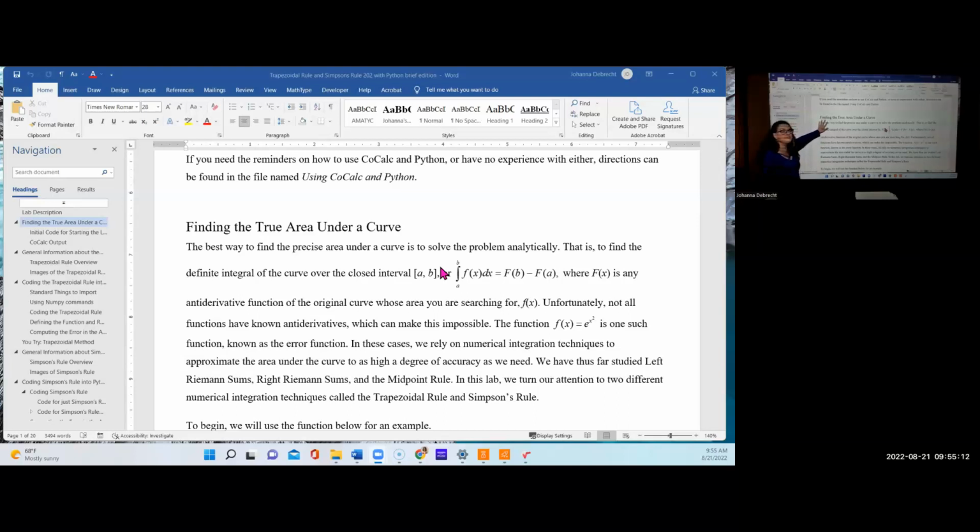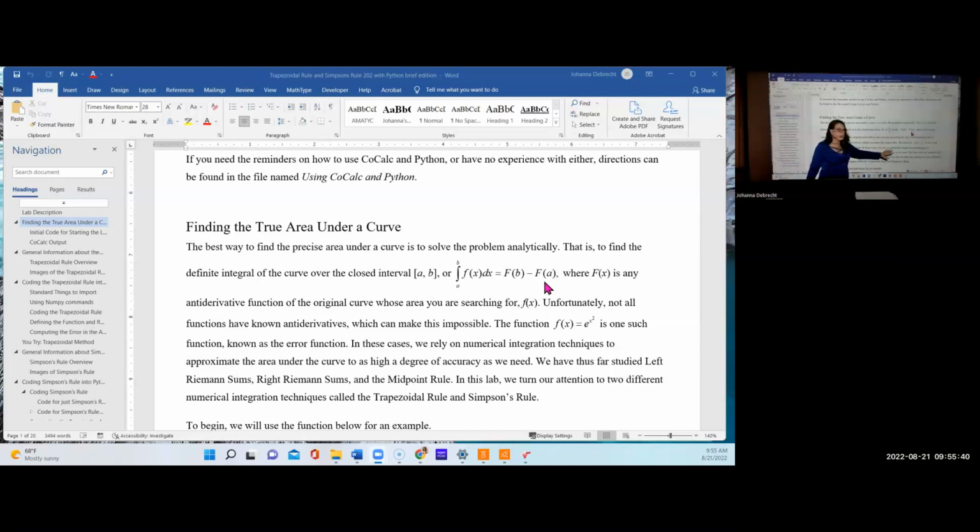We want to again find the value of a definite integral. So we have the integral from a to b of f of x dx, which, using the fundamental theorem of calculus, would be the antiderivative function evaluated at the upper limit minus the antiderivative function evaluated at the lower limit. But this supposes, of course, that we can come up with the antiderivative function, and there are many functions for which this is not possible.